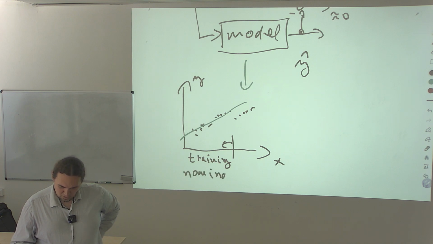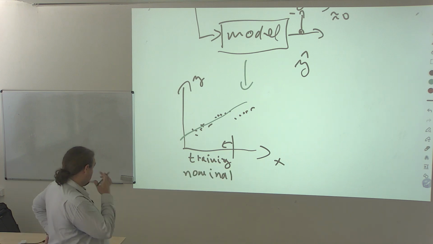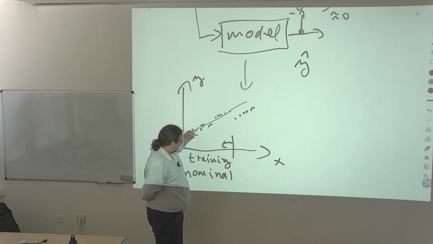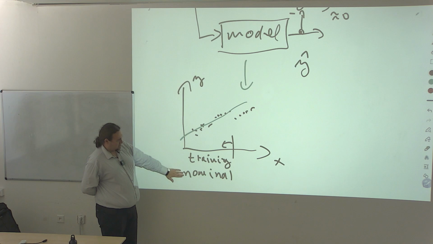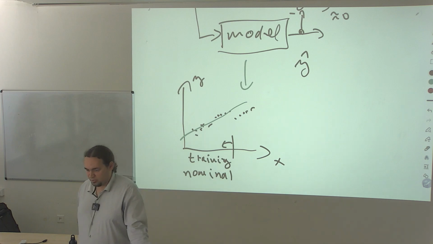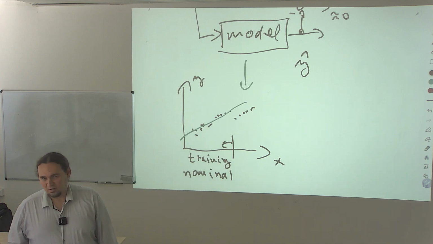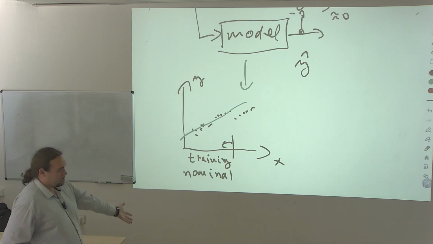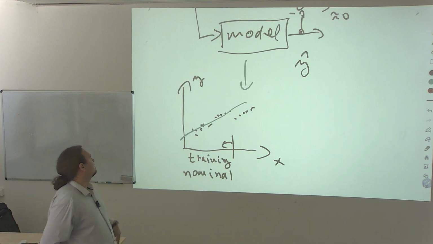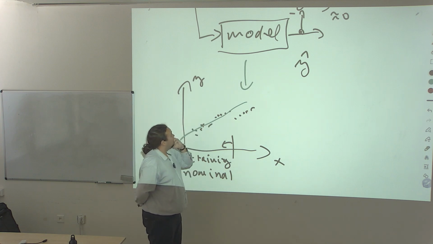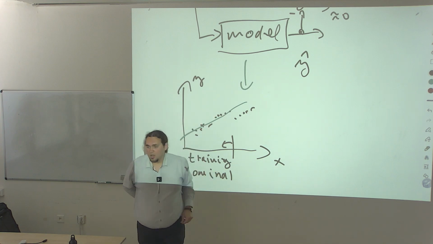Nominal, because we have some deviation from the nominal situation. Let's say we were producing in our plant, in our industry, from one supplier of the reactants, and now we change the supplier, and there is some change which causes our plant to change.